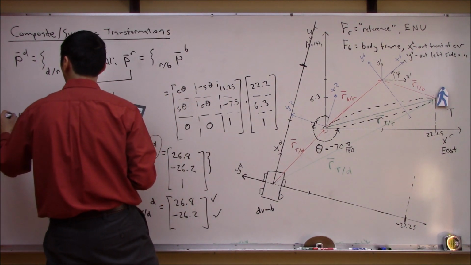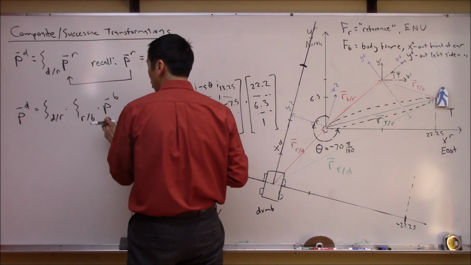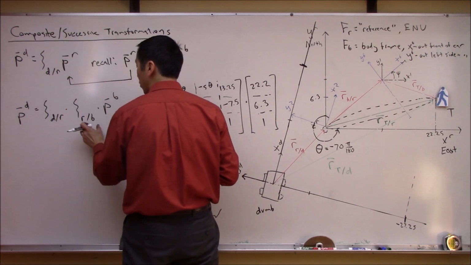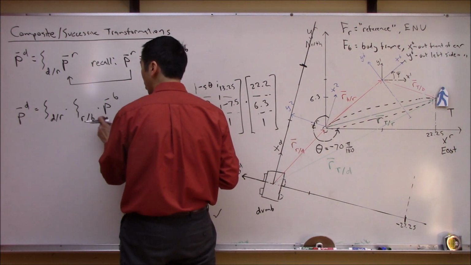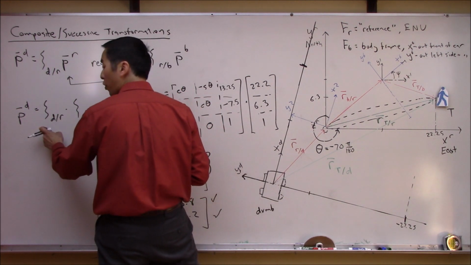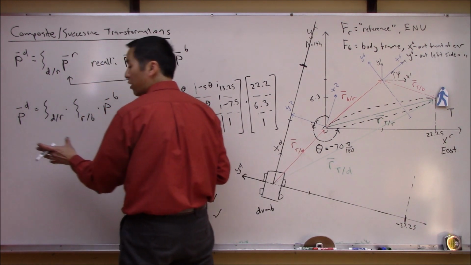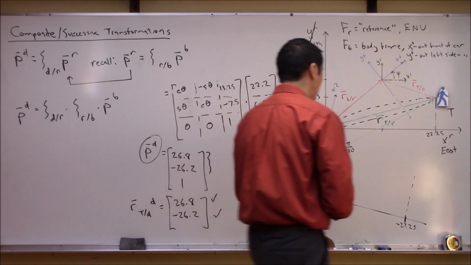This gives us the pose in the dumb frame. So isn't this cool? You can see how you start applying these successive transformation matrices. These psi matrices are basically going from one frame to another frame, and then from that frame to a second frame, third frame, fourth frame, etc. So you can successively apply these transformations to get your measurements.